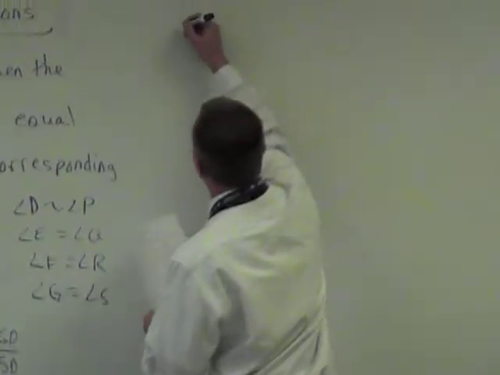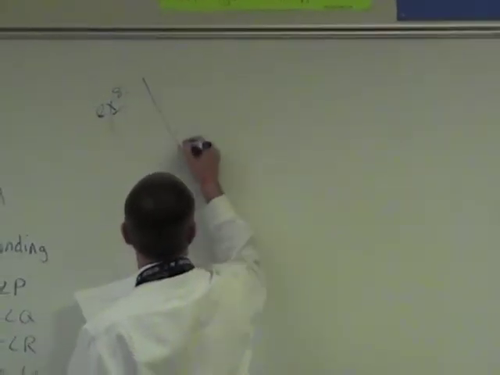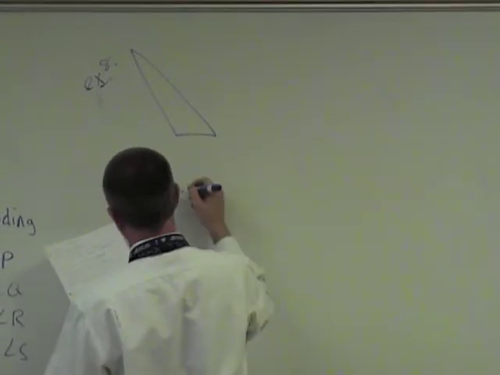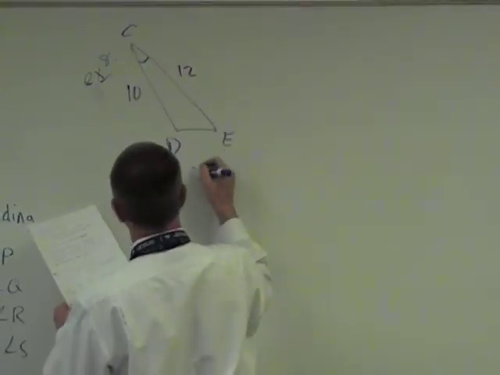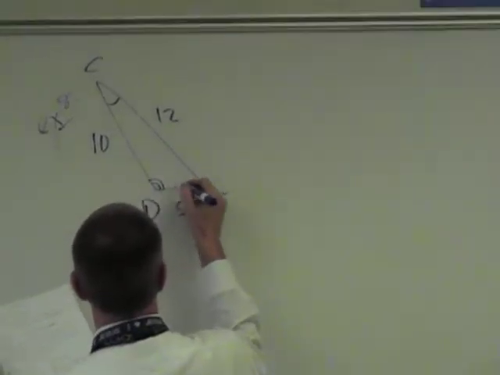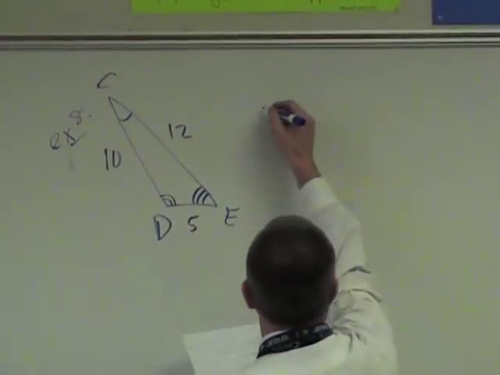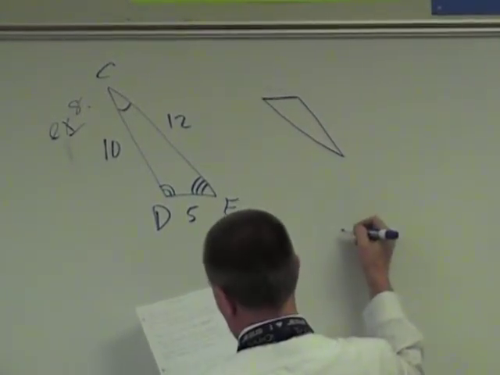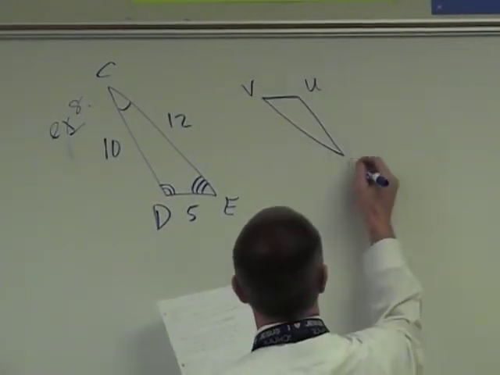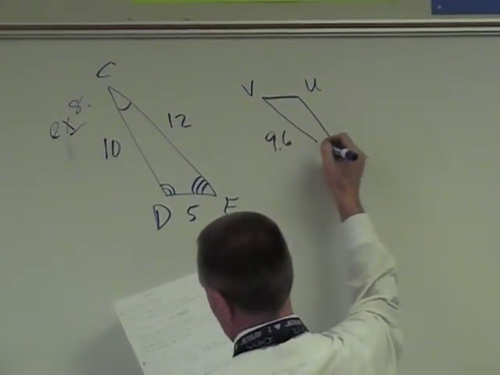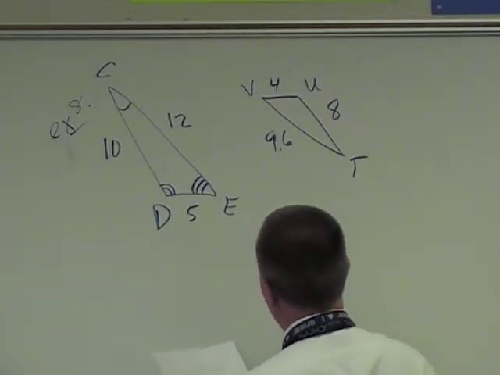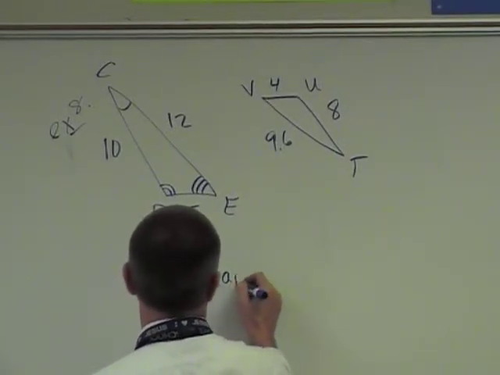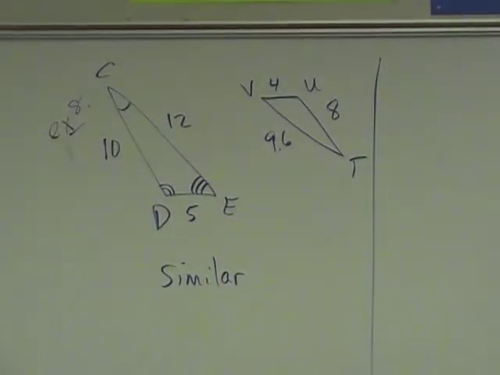Alright, example 8. This is BEC, with sides 10, 12, 5. And BUT, with sides 9.6, 8 and 4. Similar.